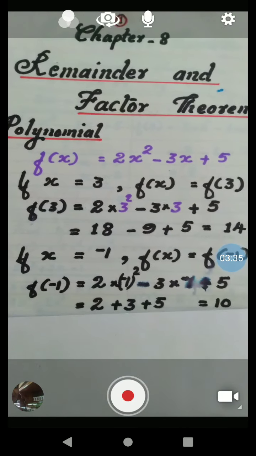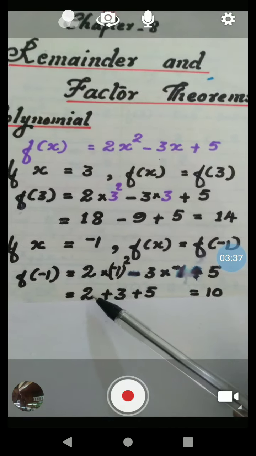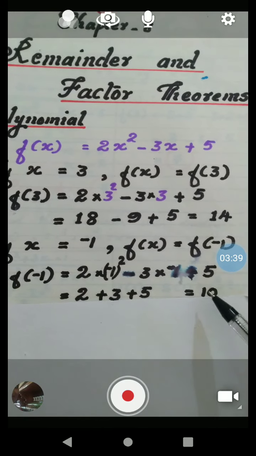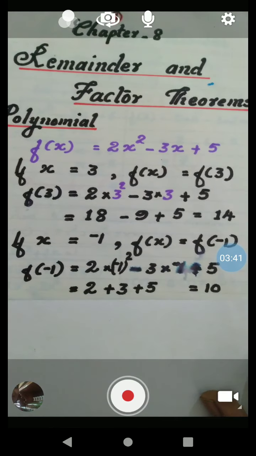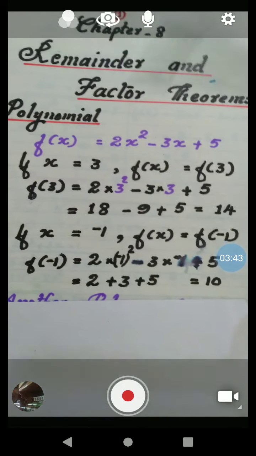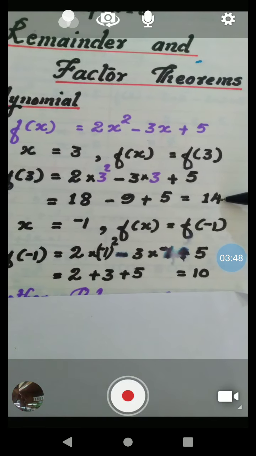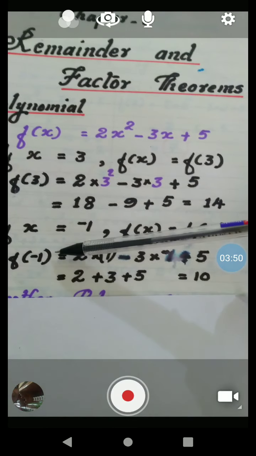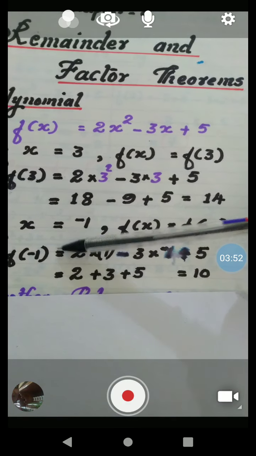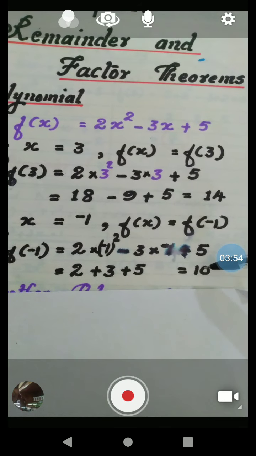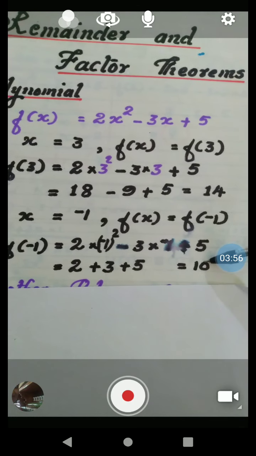Simplify, and you will get 2 plus 3 plus 5, which is equal to 10. Here we can see that when x is equal to 3, f of x is equal to 14. When x is equal to minus 1, f of x is equal to 10.